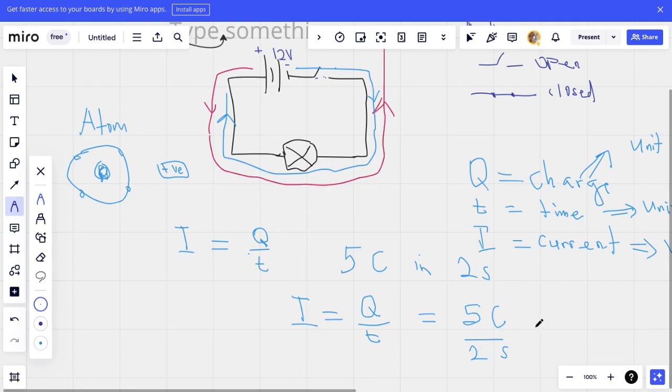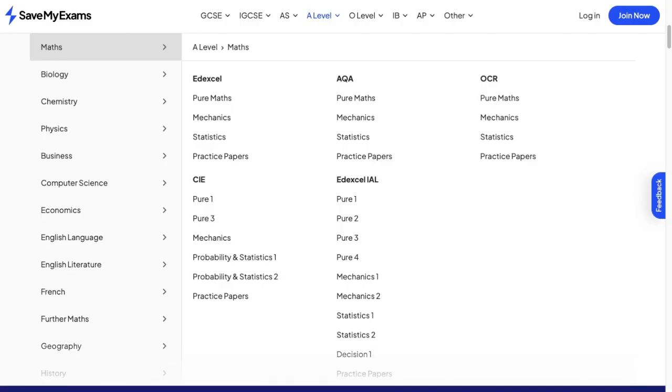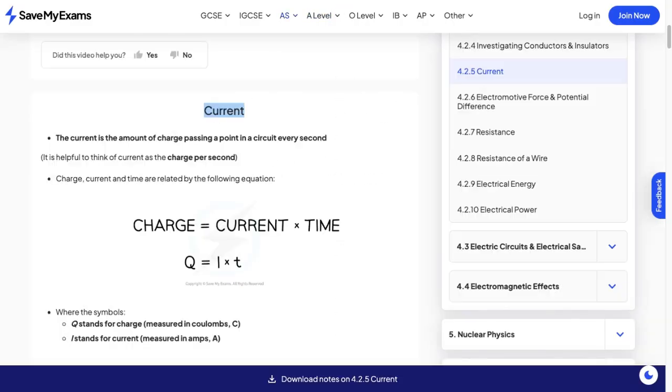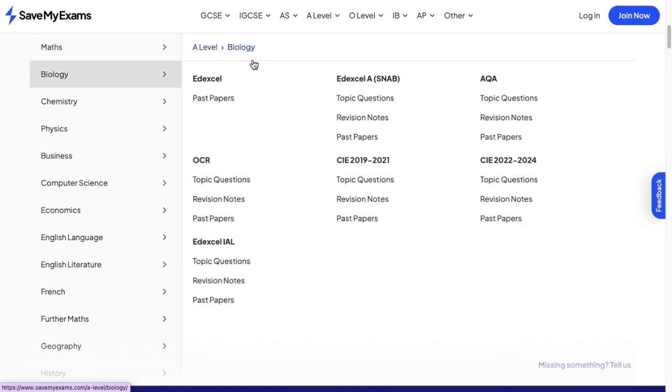So 5 divided by 2, we get 2.5, right? We get 2.5 coulomb per second.